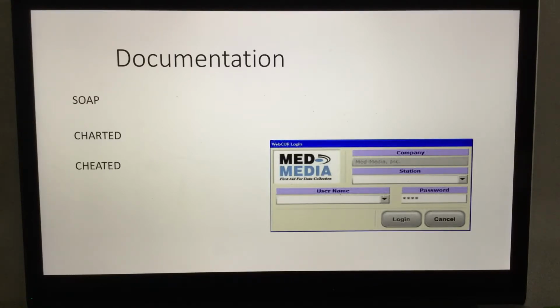In documenting, we may use a special format in which to write the narrative. Here we have three on our slide: SOAP, CHART, and CHEATED. Your CHART and CHEATED forms start off with chief complaint, history, allergies, and so forth.